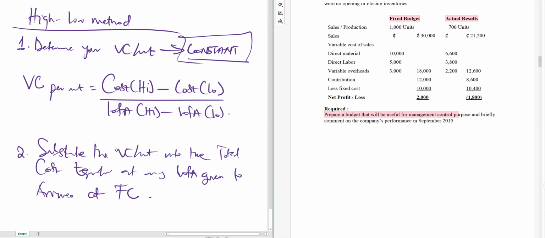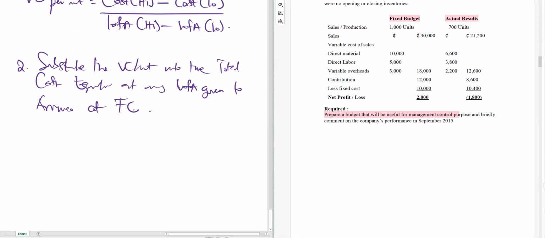And we know that when we put it in, the fixed cost is giving us your total cost minus your variable cost per unit times the number of units, right?